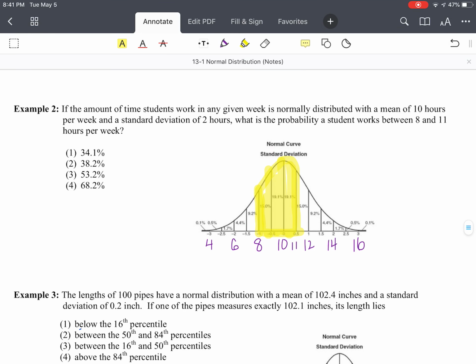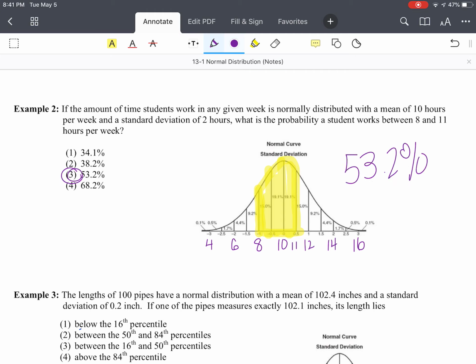Probability can be given as a percent. So let's add up 15 plus 19.1 plus 19.1. And that is 53.2%. So 53.2% of the students work between 8 and 11 hours a week.